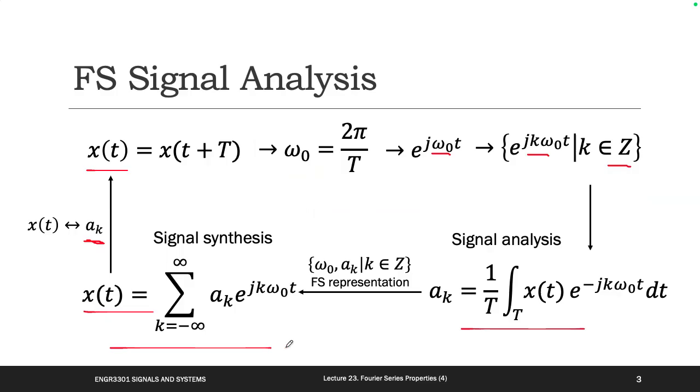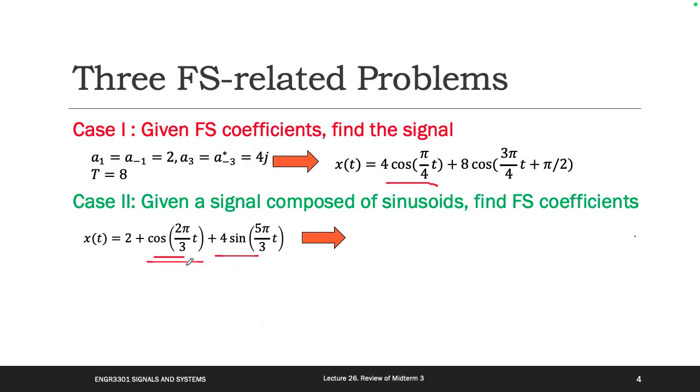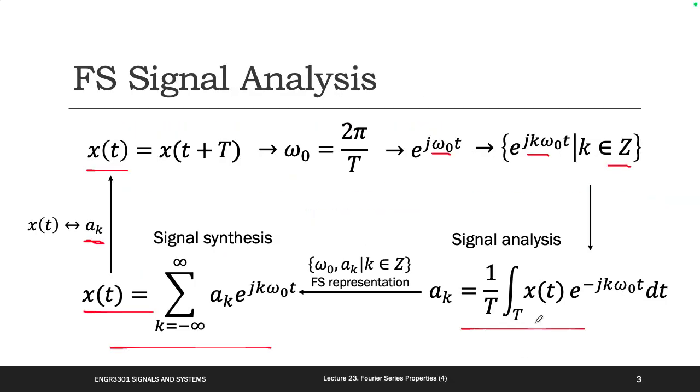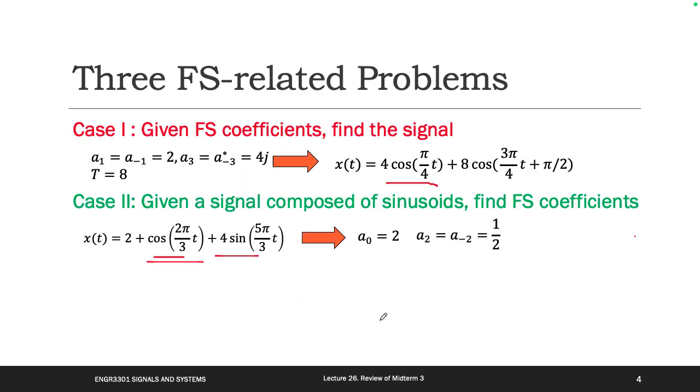Does it make sense to you? After you transfer this to complex signals, you will find you can easily get the FS coefficient. You don't need to use the signal synthesis equations. Okay, and then you will have this FS coefficient very easily. That makes sense to you.